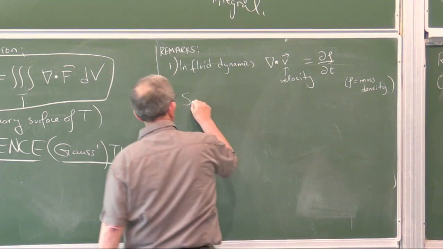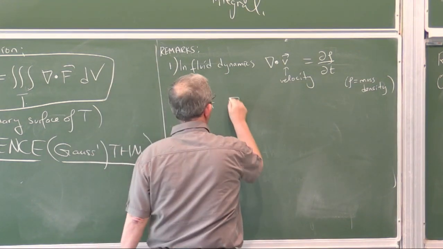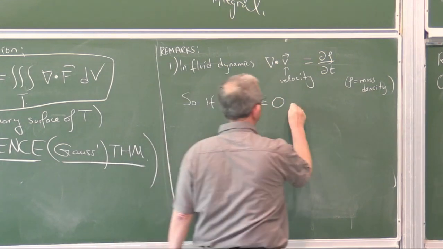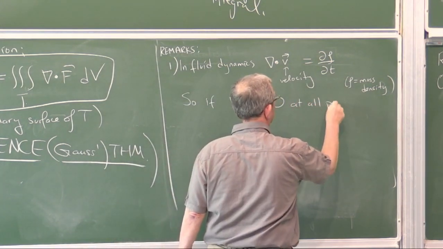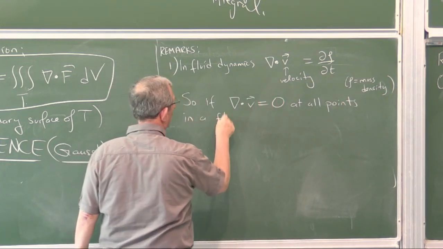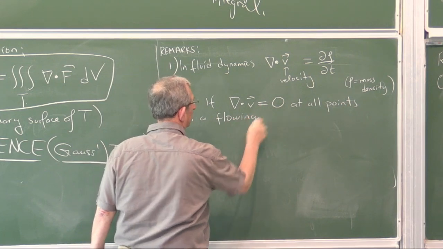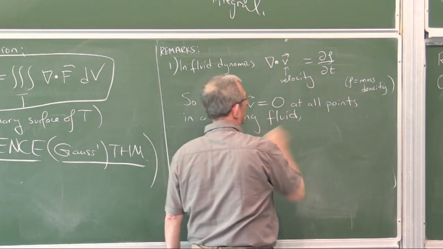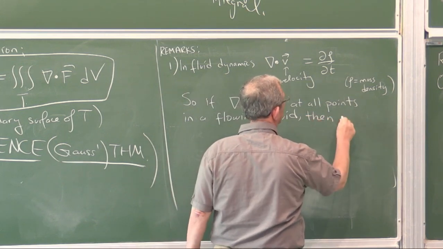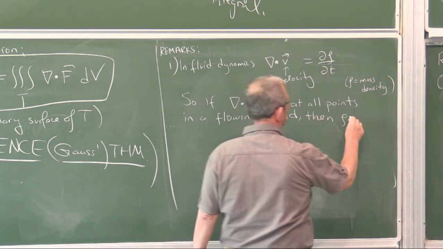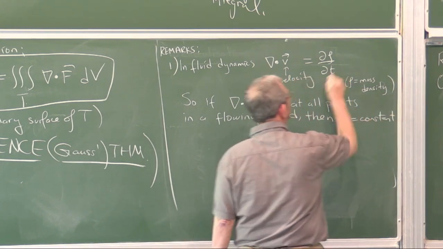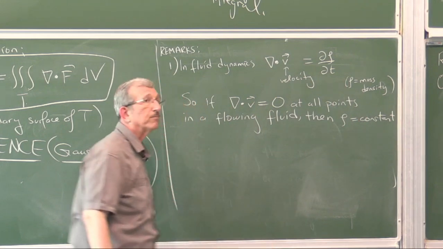So if del dot v is 0 at all points in a flowing fluid, what does this mean? Then necessarily rho is constant with respect to time, so its derivative is 0.